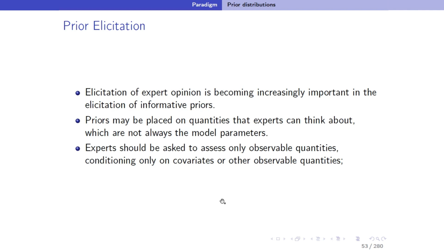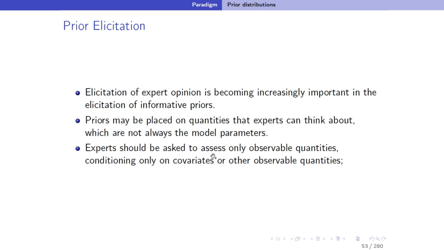They might have some knowledge in the field, how Compound A impacts the outcome of B, but they can't translate that information to the prior distribution of parameters in the model. So this idea is called prior elicitation.